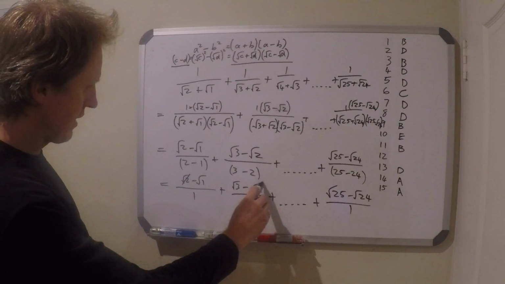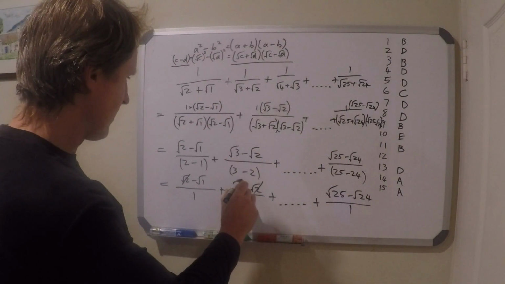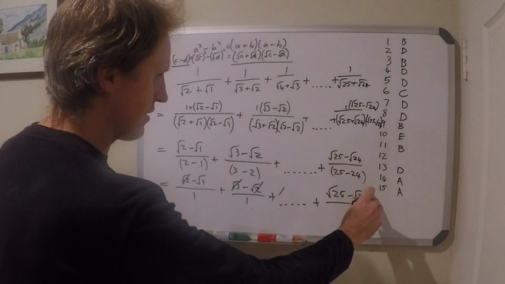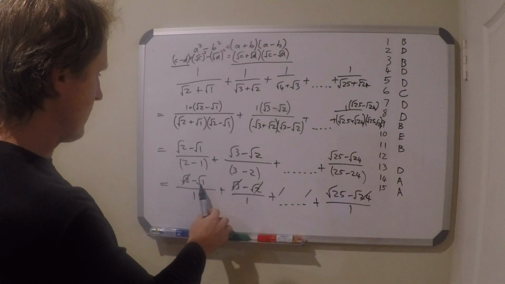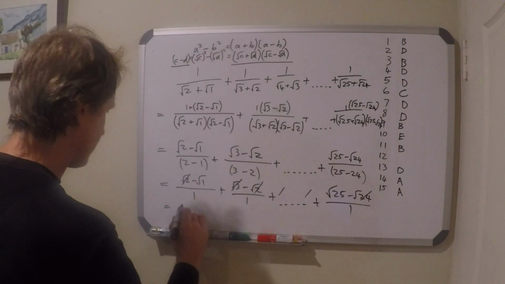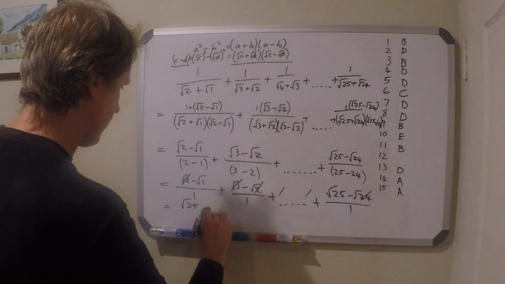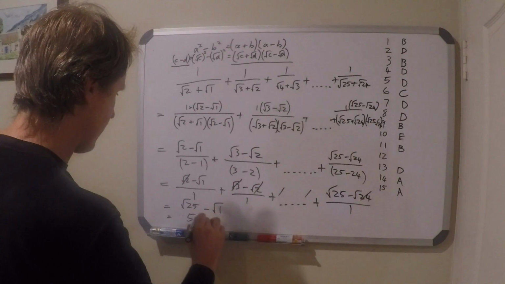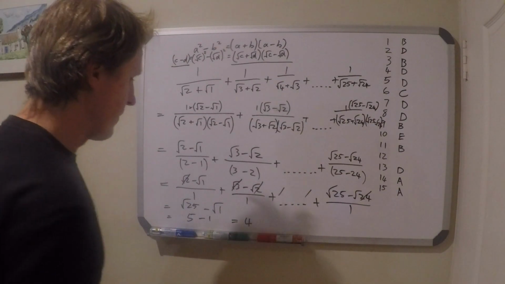There's a plus, here's a minus, it's going to cancel. Similarly, this is going to cancel with the one over there, and everything's going to cancel. This 24 is going to cancel with that one, and eventually what we've got is this. I'm just going to write it down. Eventually everything just simplifies to the square root of 25 minus the square root of 1, which equals 5 minus 1, which equals 4.